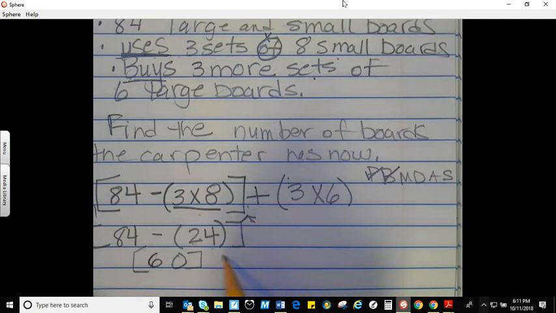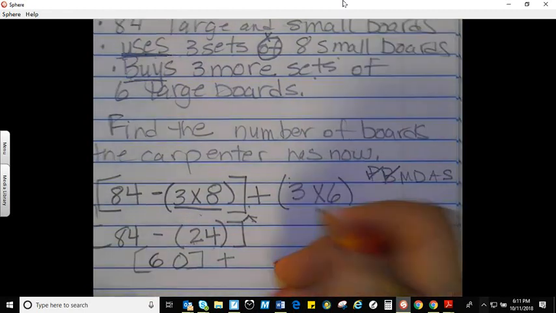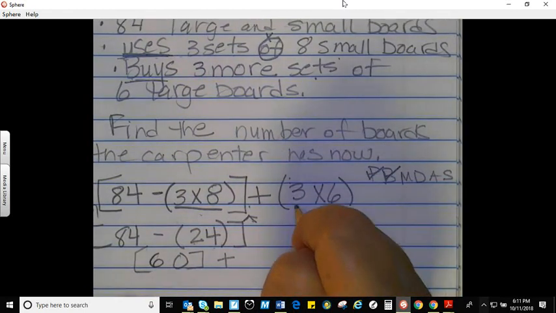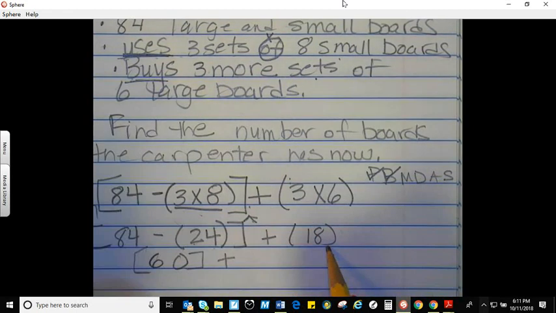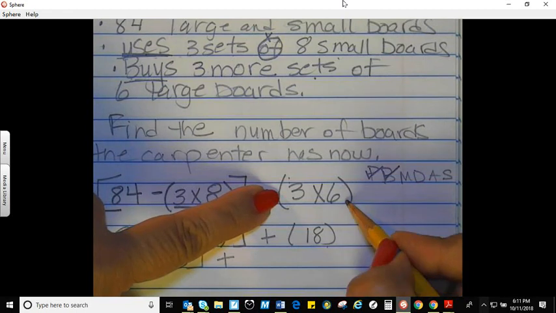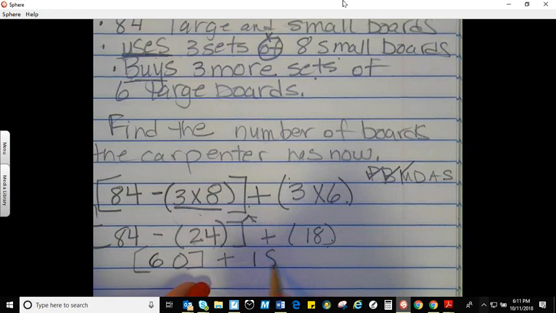But he goes over to Home Depot or to Lowe's, and he's going to get 3 more sets of 6 large boards. And so how many boards does he end up buying? 18 boards, right? Well, now we got to add that in because we're going back to the parentheses. Then we're going to multiply that out. Now we can add 18. So how many boards does he now have?